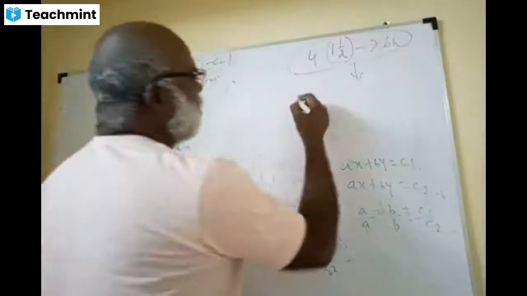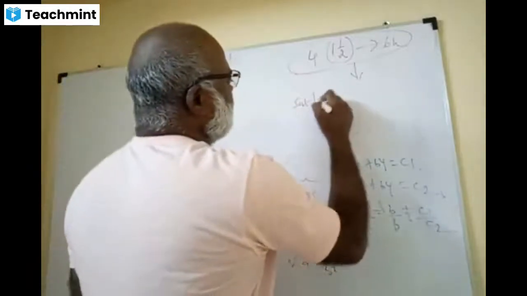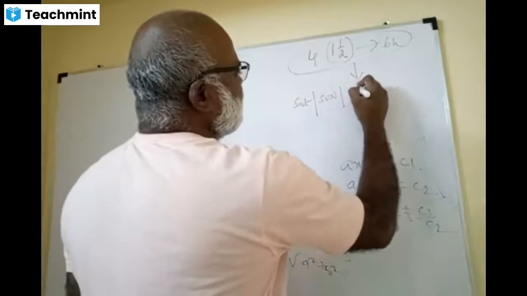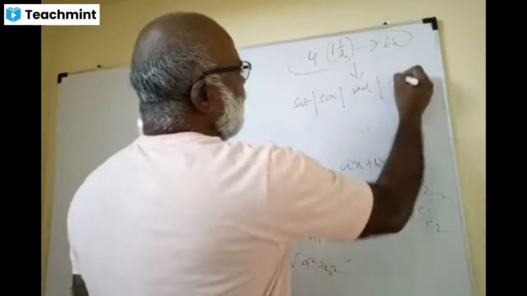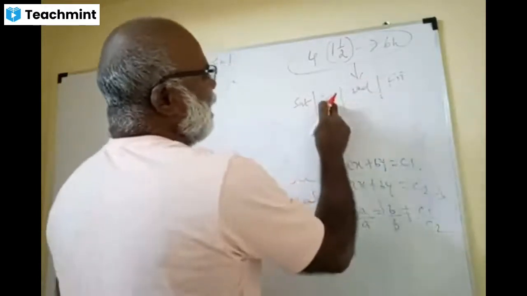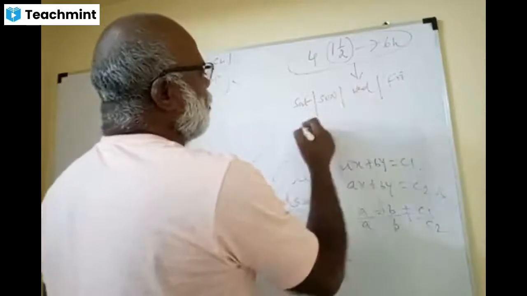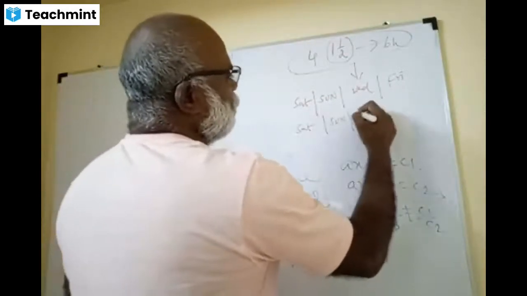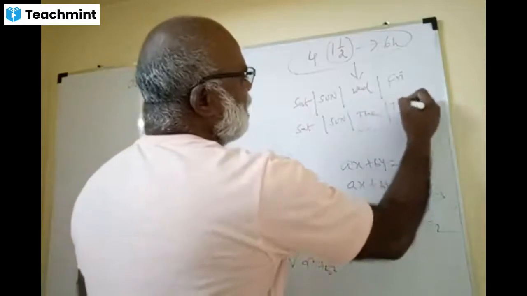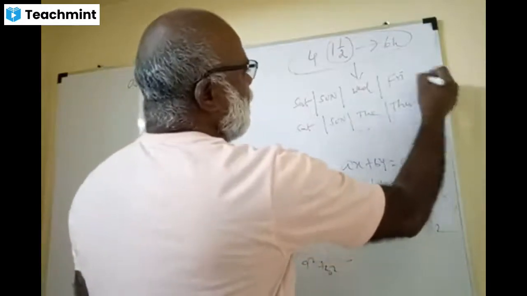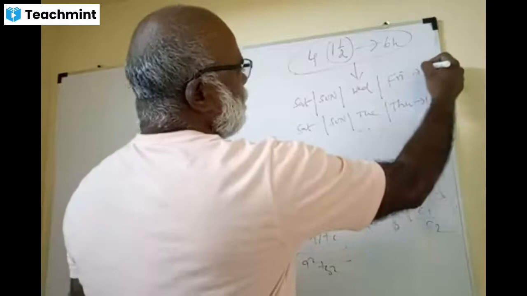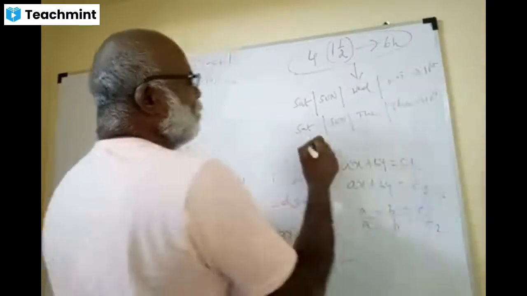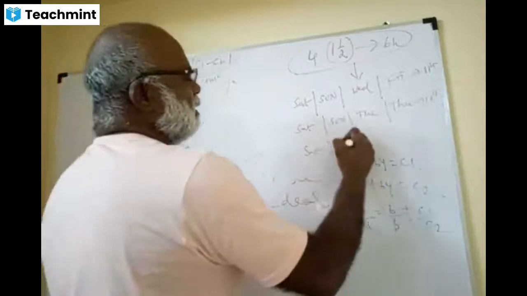So what I am doing is Saturday, Sunday, then Wednesday and Friday, alternate days. For 12th standard I am going to do Saturday, Sunday, Tuesday and Thursday. For 11th I am going to do it on the other days. And for 10th only Saturday and Sunday. This is the plan.